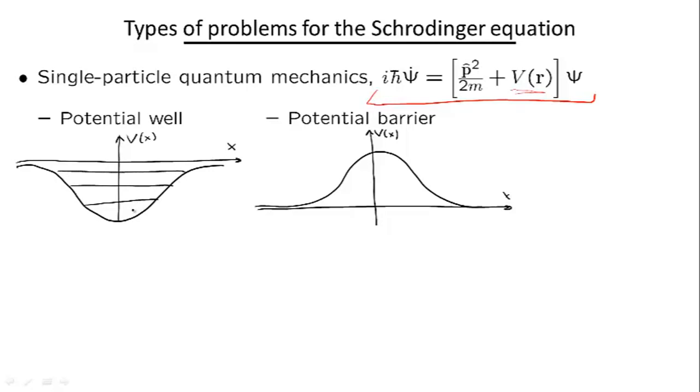That is, the particle wouldn't be able to have any arbitrary energy, just like in classical physics, where we could put a ball at any level and let it oscillate between the turning points. In quantum mechanics, if you put an electron in a potential well with this landscape, we cannot assign it an arbitrary energy. The available energies are quantized, and finding these quantized energy levels is one of the canonical problems that we're going to solve.